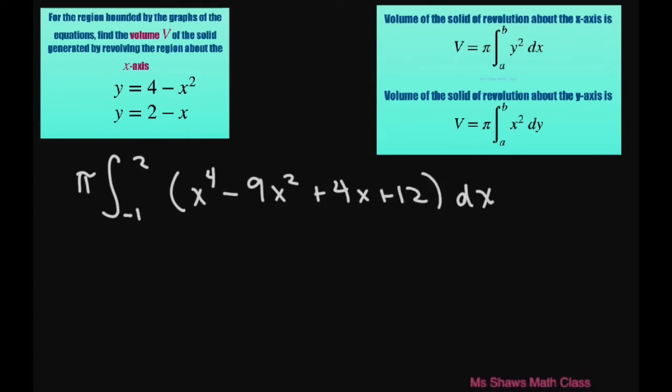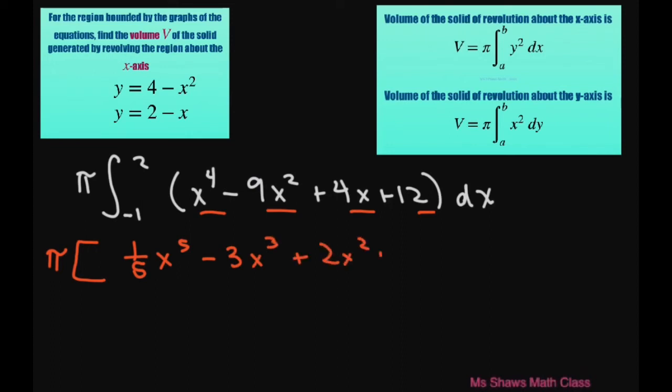All right, so let's integrate. We're going to get pi, and we have 1, 2, 3, 4 terms. So we get 1 divided by 5 x to the power of 5, minus 3x cubed, plus 2x squared, plus 12x, and we're evaluating this from negative 1 to 2.